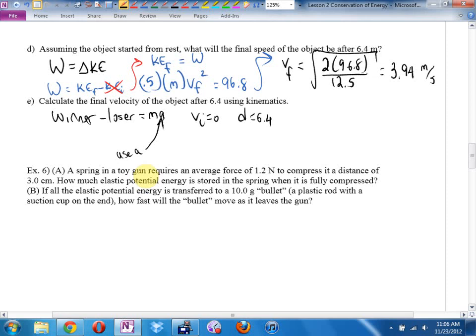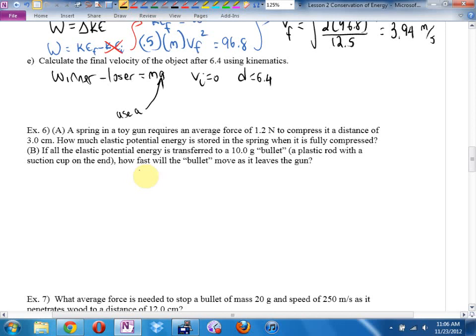Okay, kind of cool. How much elastic potential energy? Work is force times distance, and work is the change in energy. You know how much I change the energy by? By whatever that force times distance is.